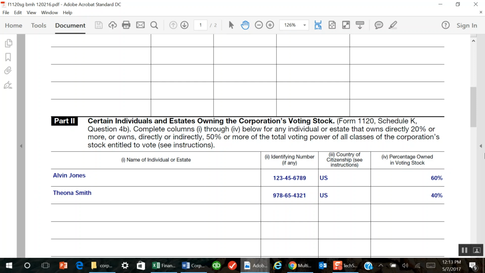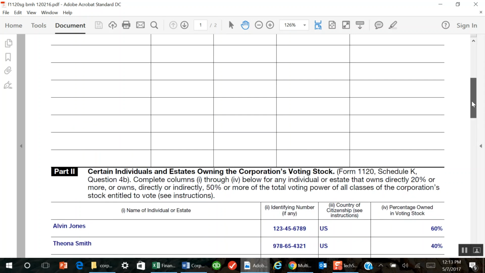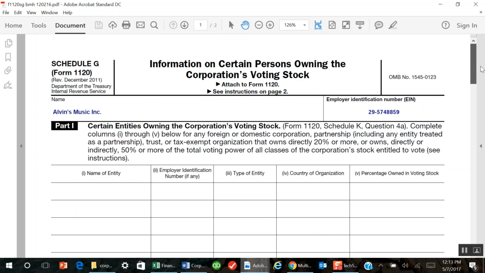So this is a transparency form that was started several years ago. I think it might have been 2011. It hasn't been around more than 5, 6, 7 years.